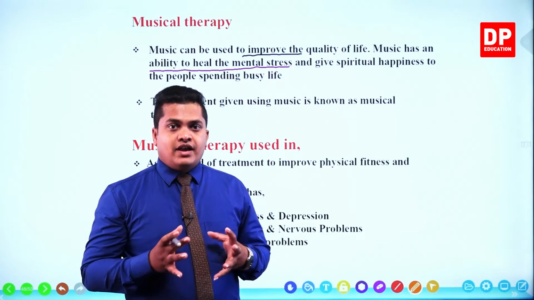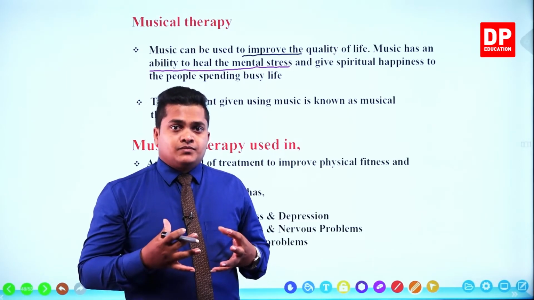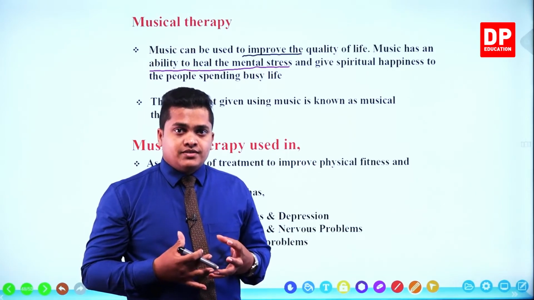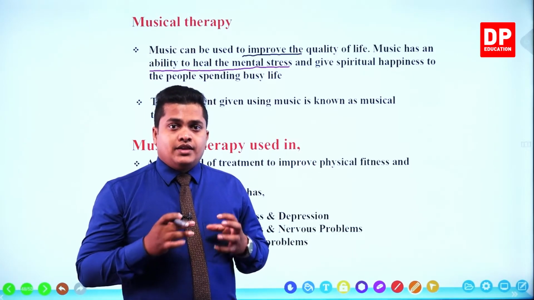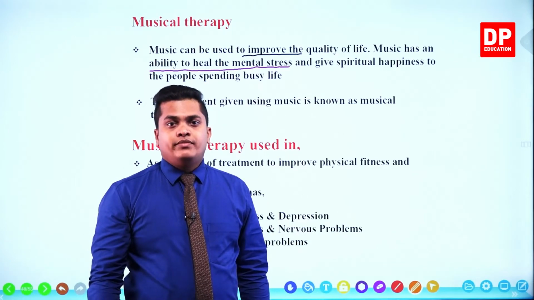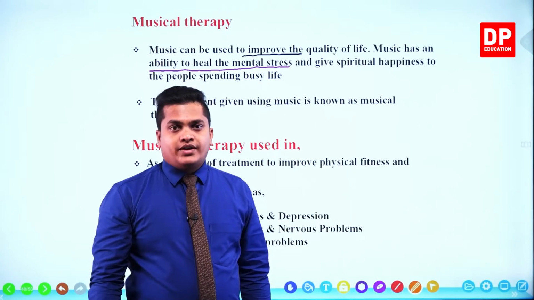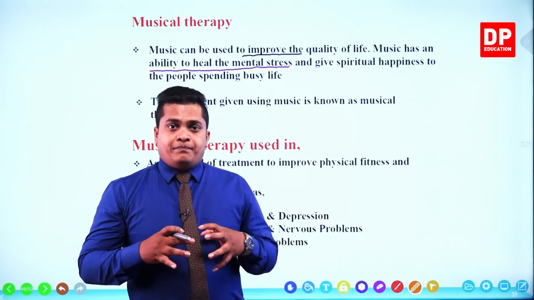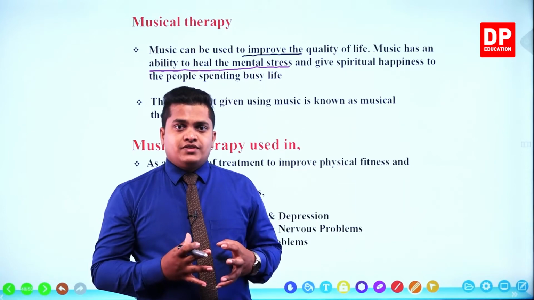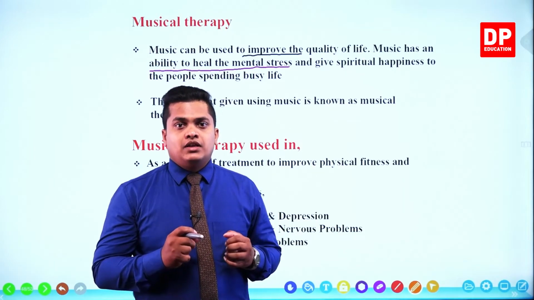If they have anxiety, and sometimes if they have mental stress, then they are asked to listen to good, calm music, right? So the condition of patients can also be healed by using music.